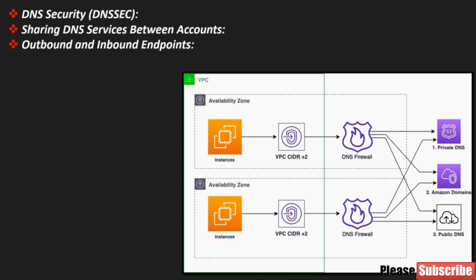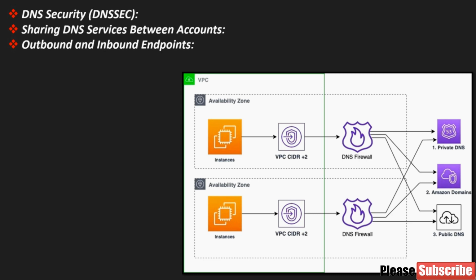The next may be outbound and inbound endpoints. Understanding the requirements and implementation options for outbound and inbound endpoints is very essential for crafting a comprehensive DNS architecture. Consider factors such as scalability, security, and compliance when designing these types of endpoints. Implementing complex hybrid and multi-account DNS architecture requires a deep understanding of the various components involved.